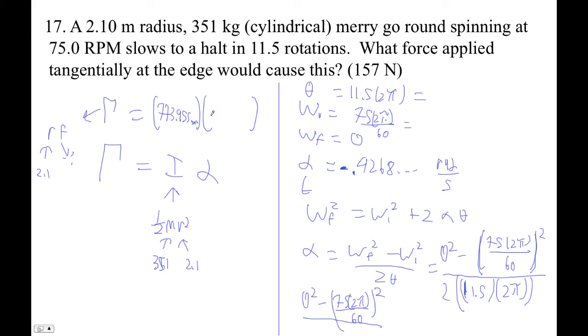So now I'm going to plug that in here. 0.4268. I'm ignoring the minus sign because we just want to know the force at the edge, and I don't know how to deal with a minus sign there. So I multiply 773.955 by the acceleration I just got, and the torque is 330.36.